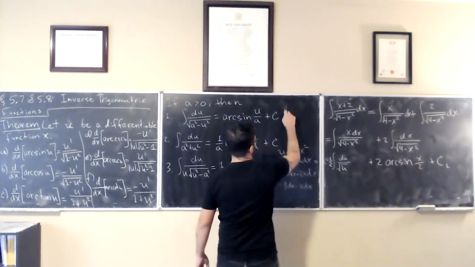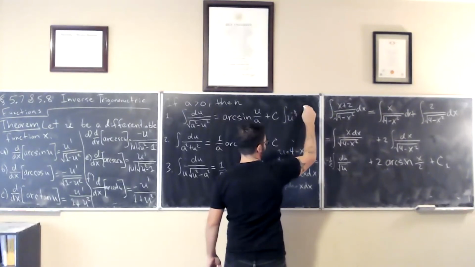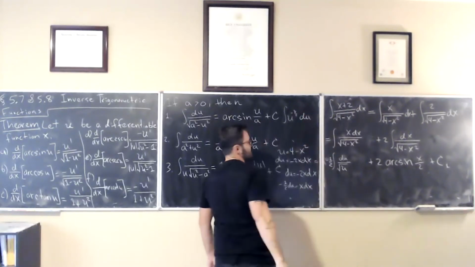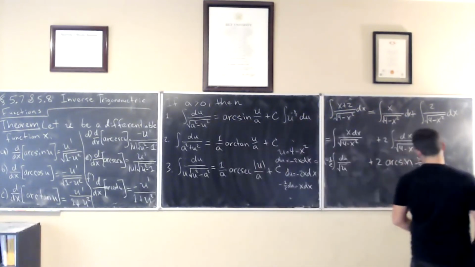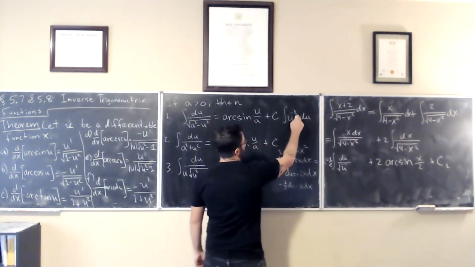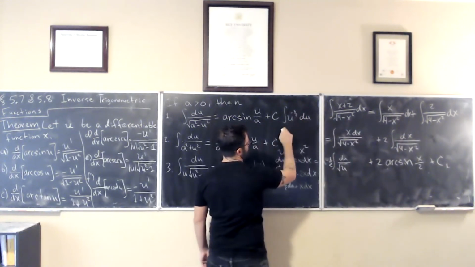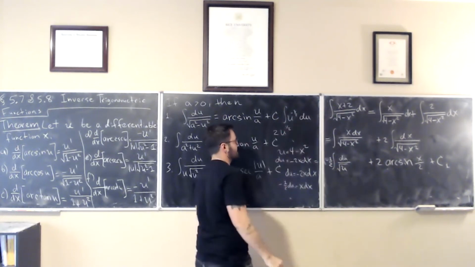That's like taking the integral of u to the negative 1/2, and that's just the power rule. You add 1 to that exponent, so 1 plus negative 1/2 is 1/2, and then you divide by 1/2, which is the same thing as multiplying by 2.